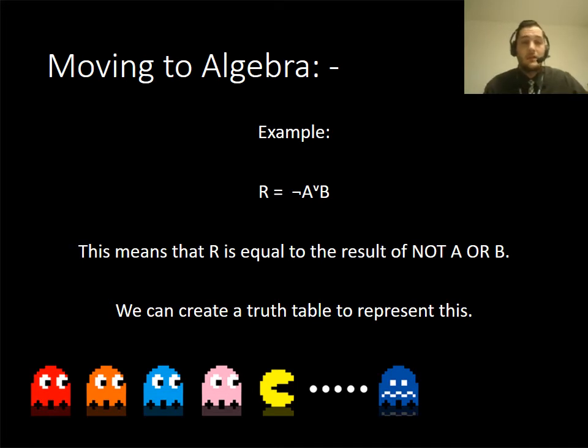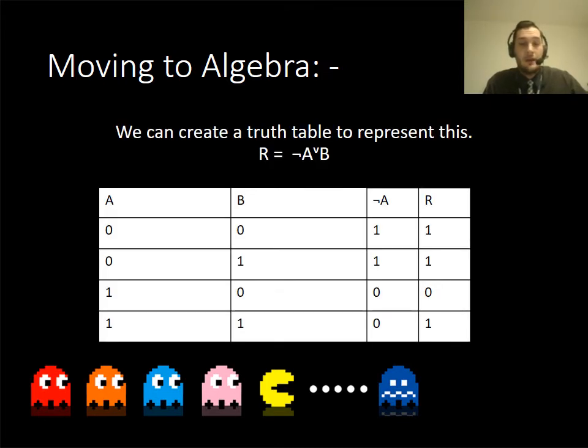Now moving to algebra, I've got this equation here, and if you remember this represents R equals NOT A OR B. Remember it doesn't look like a capital A, so it's not A or B, and we can make a truth table.